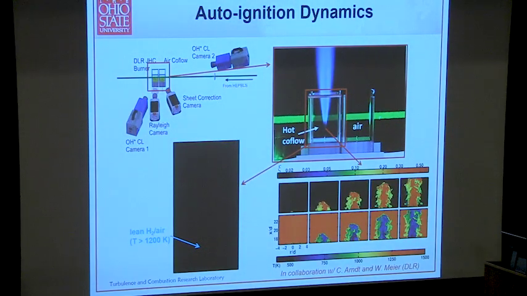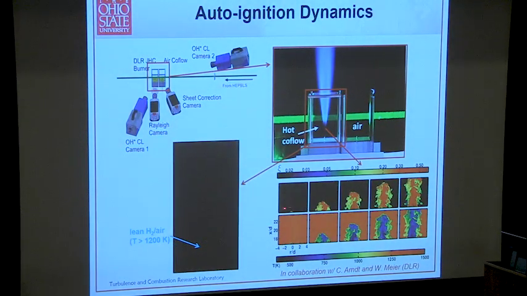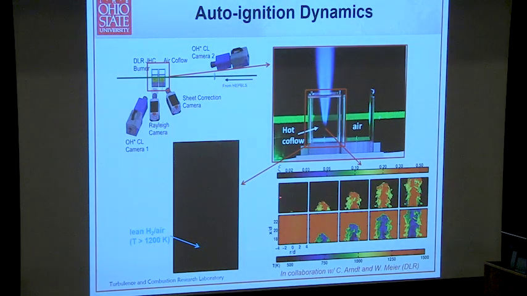Here's an example of the mixing field from this DLR version, a much smaller version than this, where we see the mixture fraction field, the state of mixing between the fuel and the high temperature air. Keep in mind, this is fuel issuing into about 1300 degree products. The co-flow is the products of a lean premixed hydrogen air flame, and that creates your oxidizer.